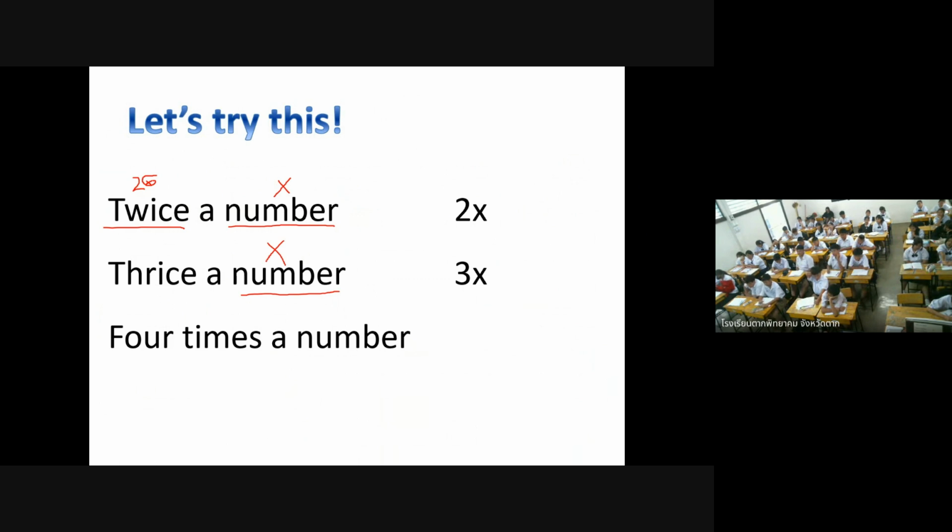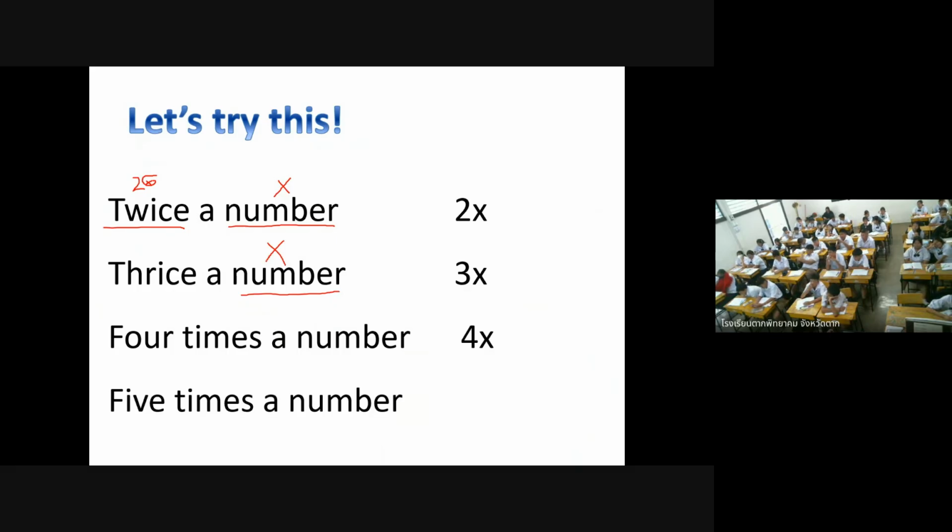The number is X, so 4 times a number is 4X. How about 5 times a number? 5X.